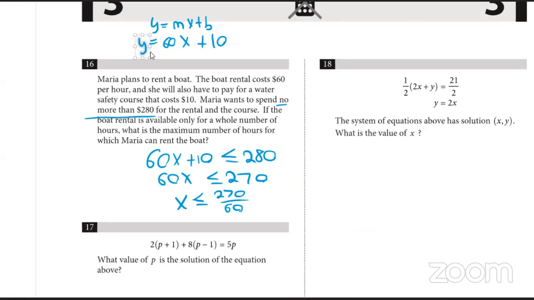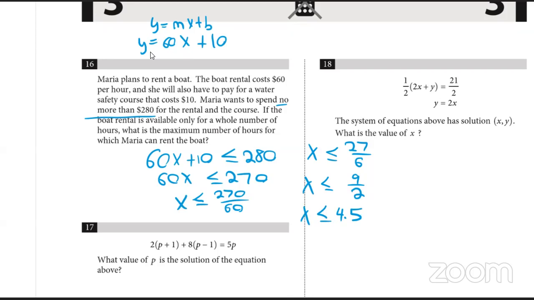But 270 over 60, we can simplify that to 27 over 6. Divide both sides by 3, 9 over 2. And that gives us something that we can now make sense of, 4.5. So x has to be less than or equal to 4.5.